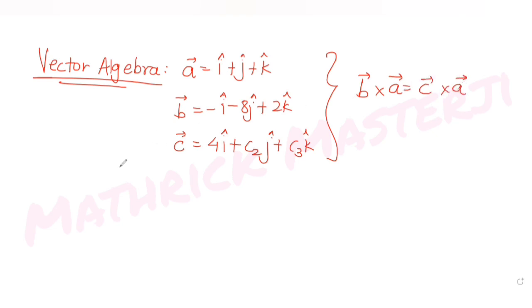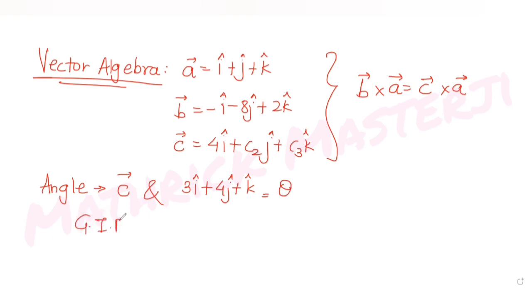And the question is telling us that the angle between vector C and the vector 3i+4j+k is theta. The question is asking us to figure out the greatest integer function, which is the greatest integer less than or equal to tan square theta.